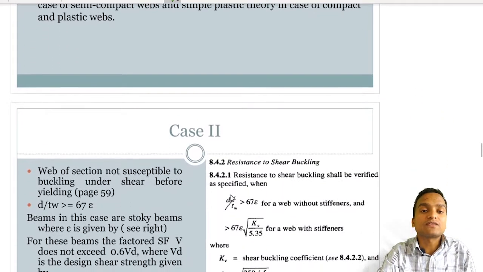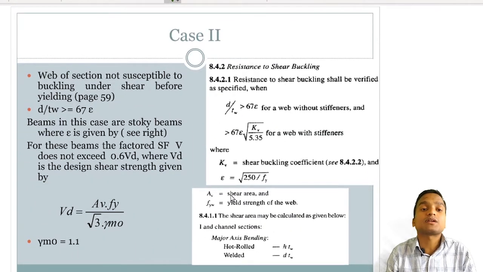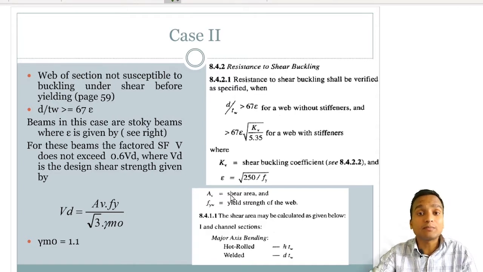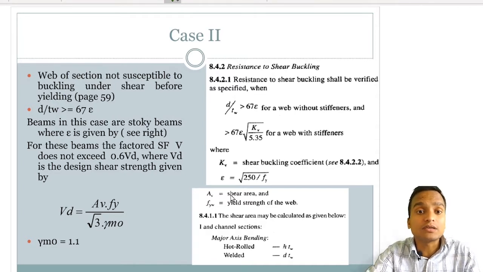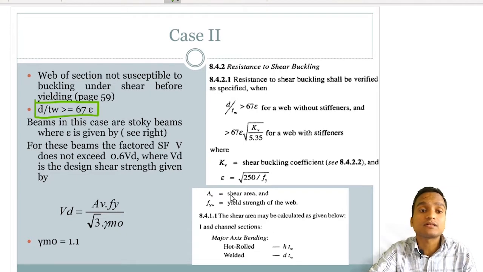In case 2, when the web of the section is not susceptible to buckling under shear before yielding, that means it is a stocky web. These ratios are the slenderness ratio. In that case, d upon tw is greater than 67 epsilon.